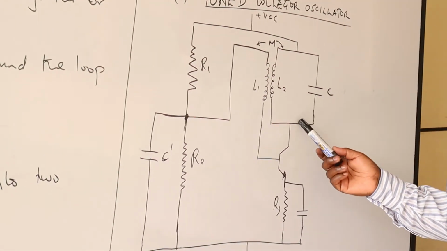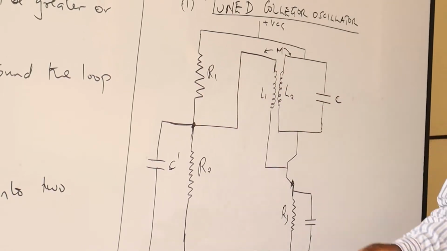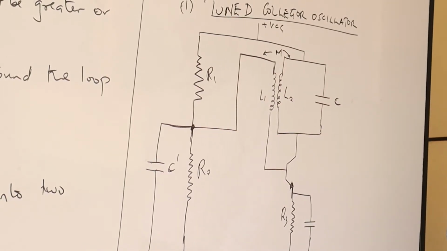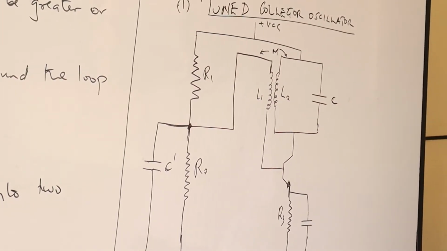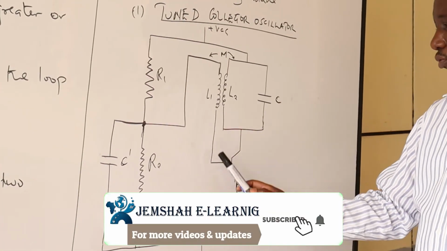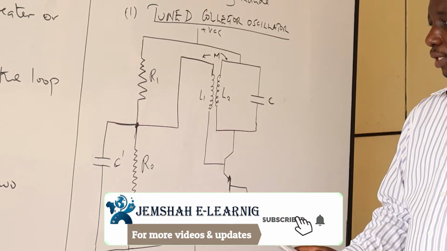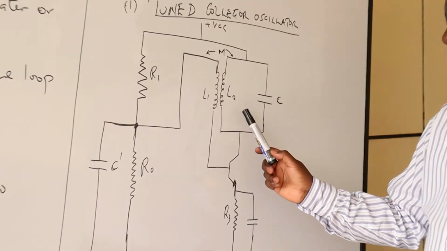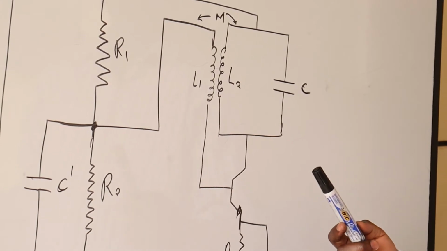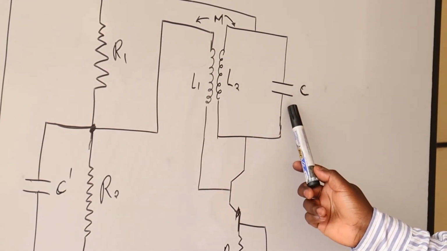So the first thing is that when this circuit is energized by providing the positive supply, then the circuit will bias here, and this one will be active. So when current flows here, this current will be creating an electric field, and the energy will be coupled to this and recharge the capacitor here.